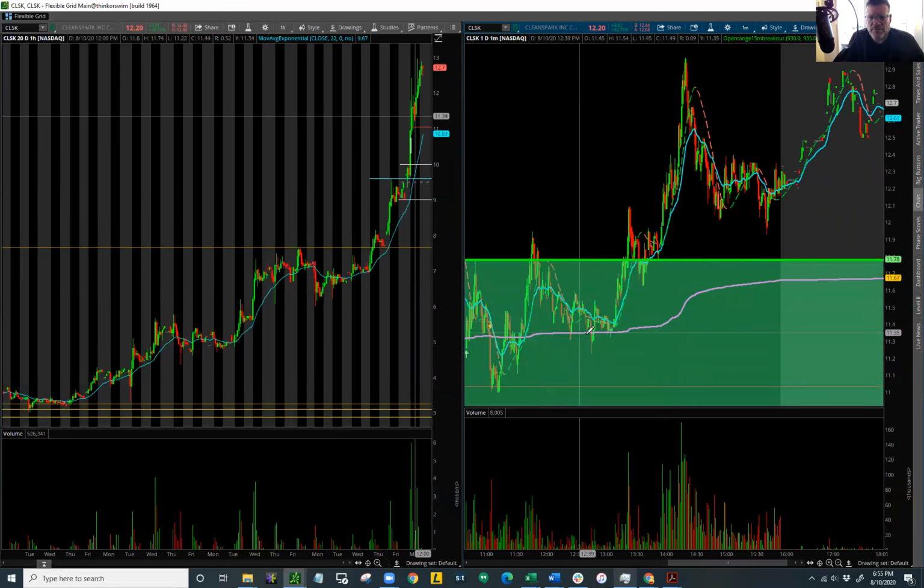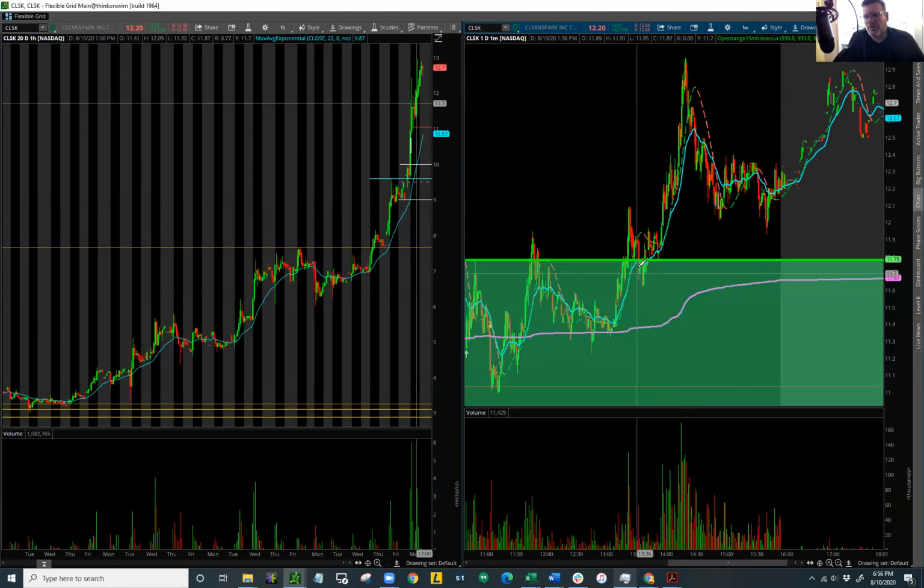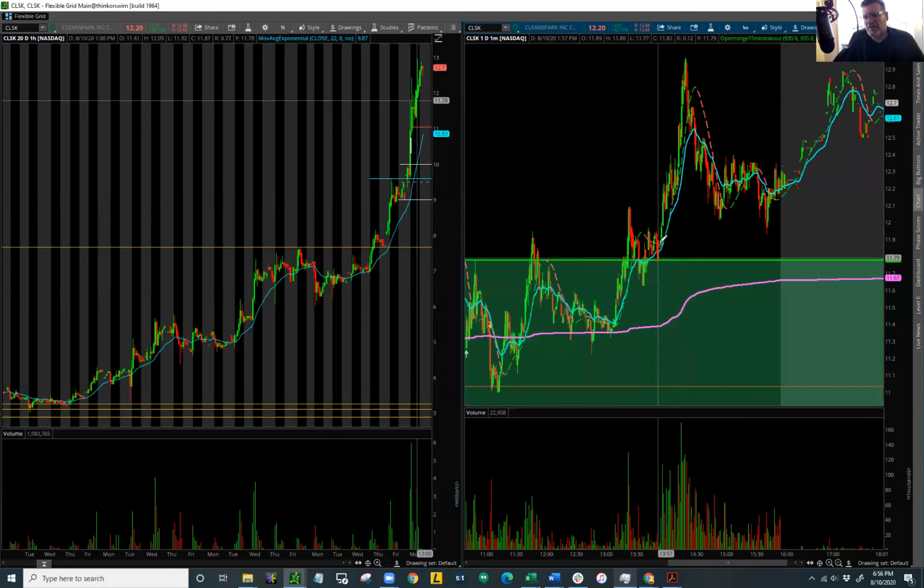It popped down, violated the VWAP, so you probably would have got stopped out had you taken this trade. But this trade was a nice winner, and actually, if you had bought this consolidation break, even with that stop loss, it would have given you a nice winner into the close. It seems to be holding up pre-market, so it should be on our stock list tomorrow. So that's CLSK.